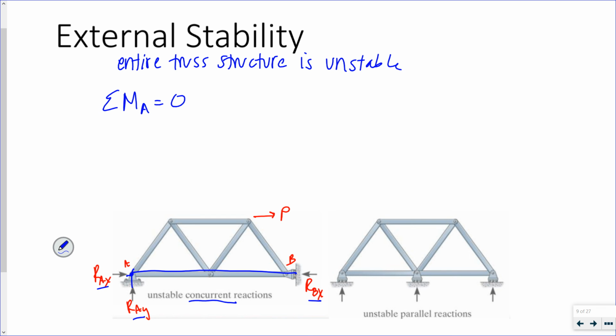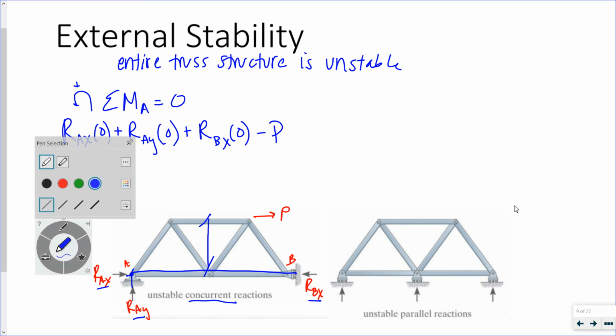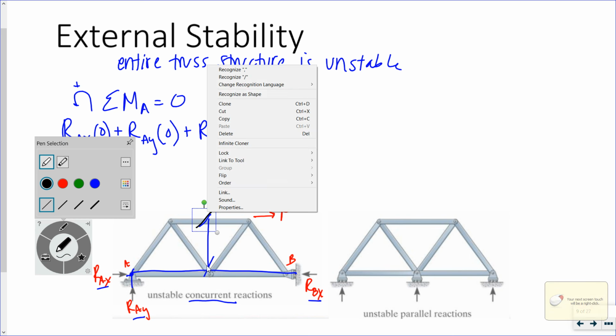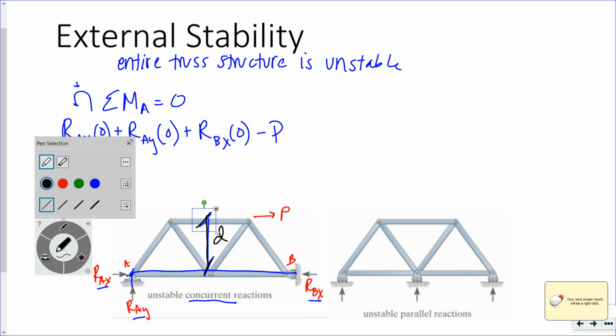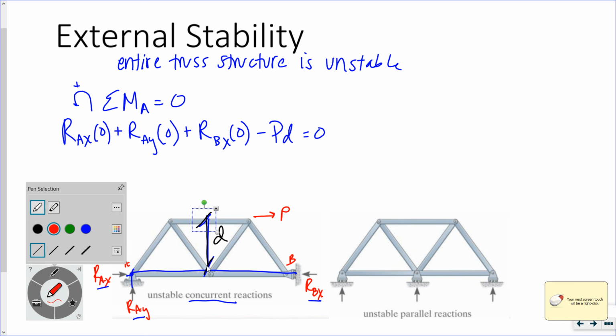So I would have to do RAX times 0 plus RAY times 0 plus RBX times 0 minus P times whatever this distance is, D. Well, let's see.